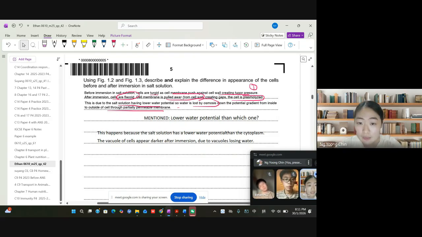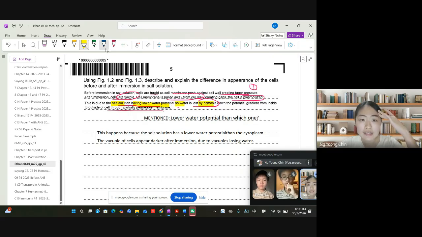The first 2 sentences are correct, but look at this sentence: this is due to the salt solution having the lower potential, so the water is lost by osmosis. You can add on something here. Low water potential compared to which region?